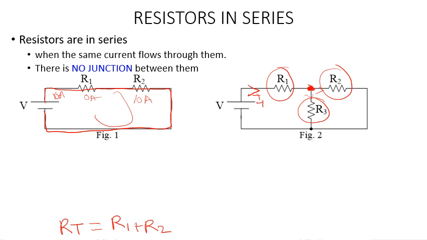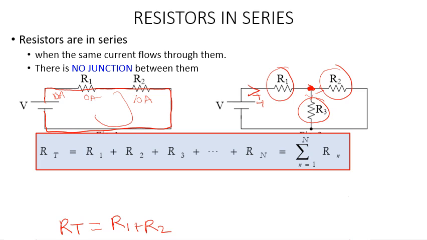We have a general formula: RT equals R1 plus R2 plus R3 plus so on, just the sum to infinity. If there are even 1000 resistors and all of them are in series, you just add them up.